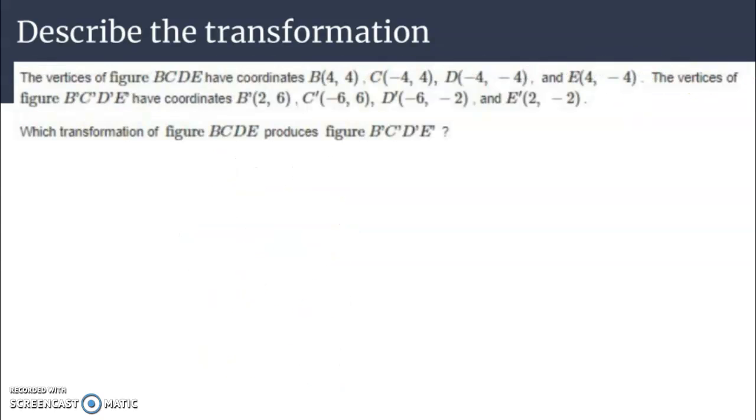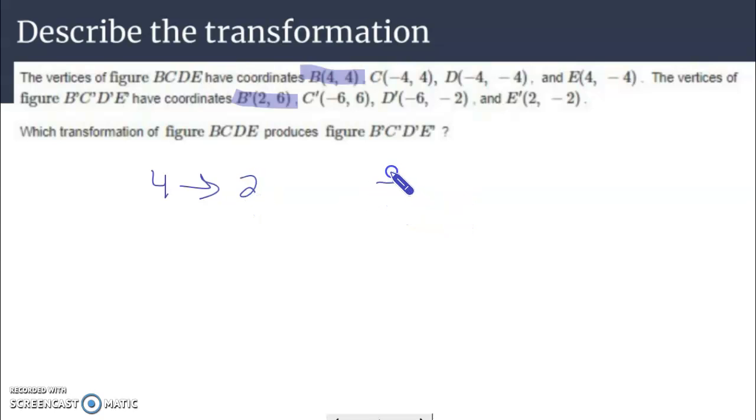Let's look at this one where they give us the coordinates that have already been translated. So if you look here, B, C, D, E, the new coordinates B prime, C prime, D prime, E prime. Now the same translation happens to both, so let's just focus on the B's. Look at the B x coordinates. It went from 4 to 2. Well, what happened there?